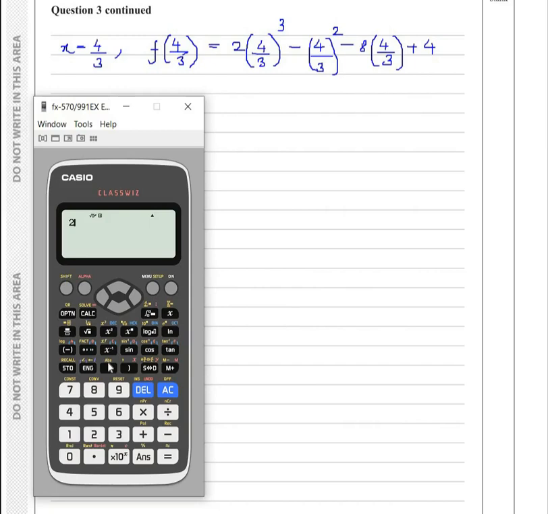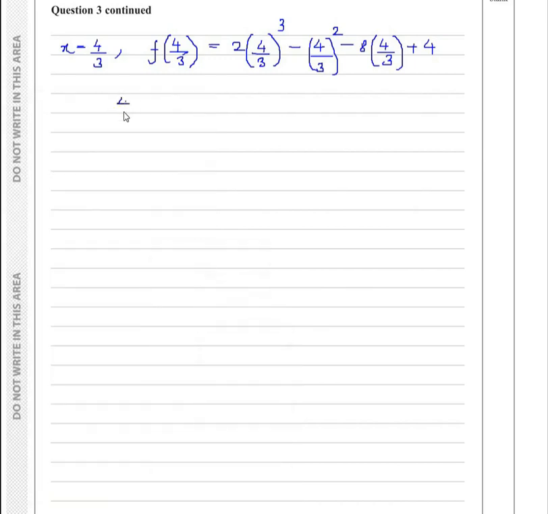That gives us minus 100 over 27. So when x is 4 over 3, we get minus 100 over 27.